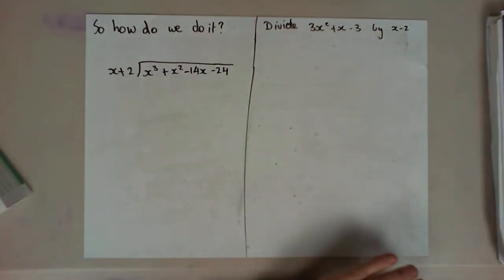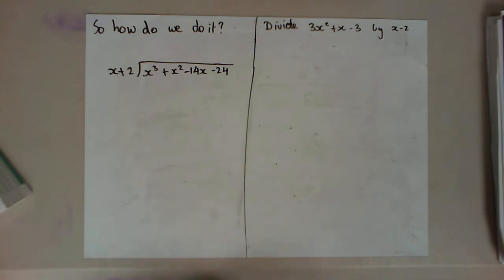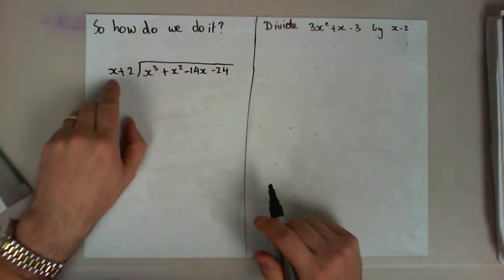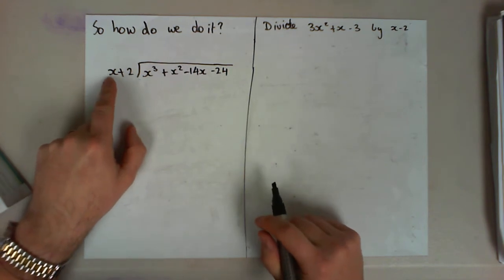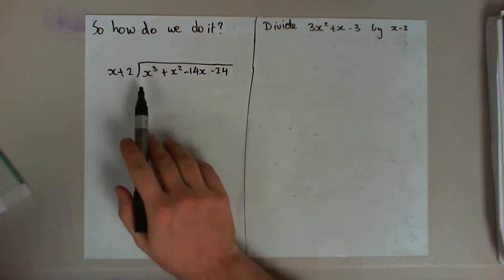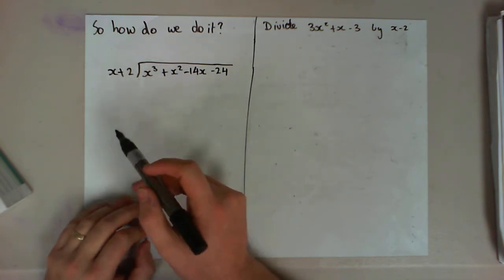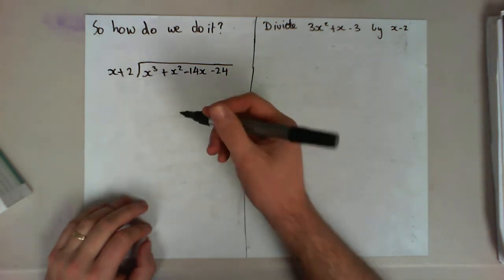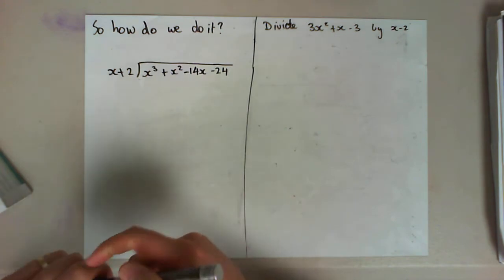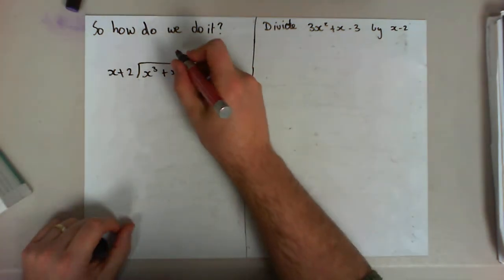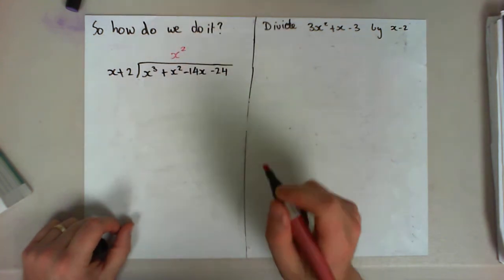So, how do we do it? We've got a nice process that we follow. We always just look at the first term to start off with, and we ask: if we divide x cubed by x, what are we going to be left with? We'd be left with x squared, which I'm going to write above the x squared.